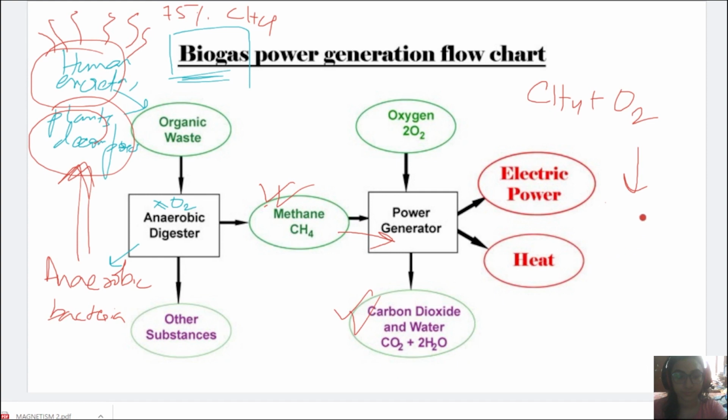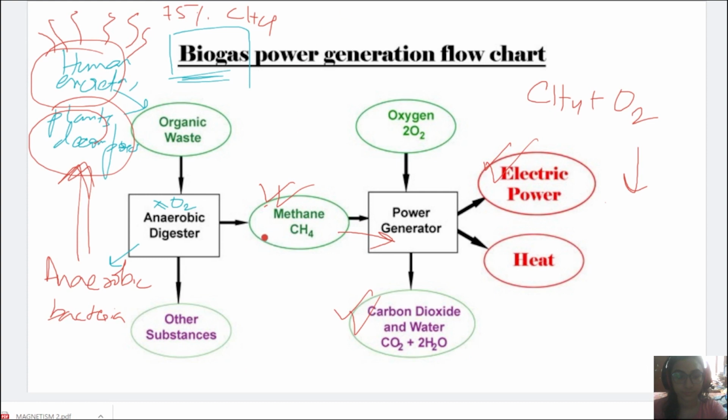These are the excess products like carbon dioxide, water, but mainly due to the combustion and due to the formation of methane and it reacting with oxygen, a huge amount of energy will be produced, which will be harnessed in the form of electrical power. Okay, and again the rest will be dissipated as heat.